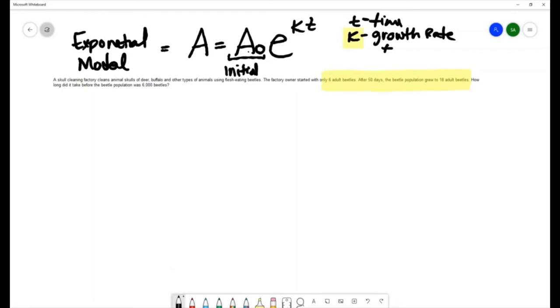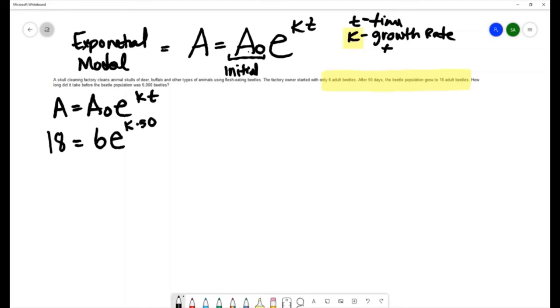So we start with our formula, A equals A naught e to the kt, and we know A naught is the initial or beginning population of 6. A is the ending population or the accrued amount, and that is going to be 18. And we also have a time of 50 days.